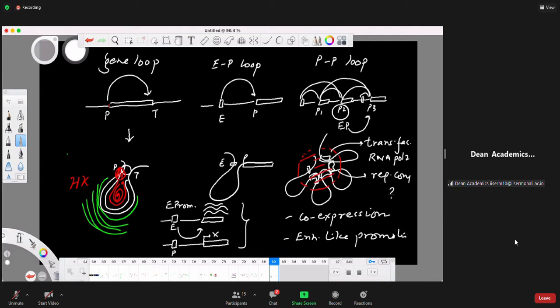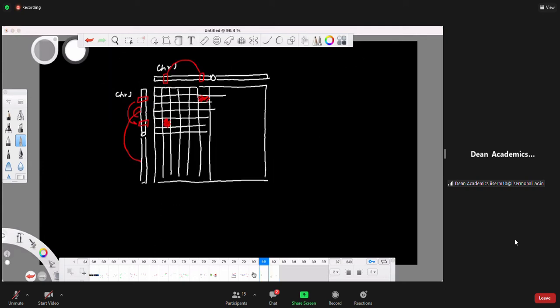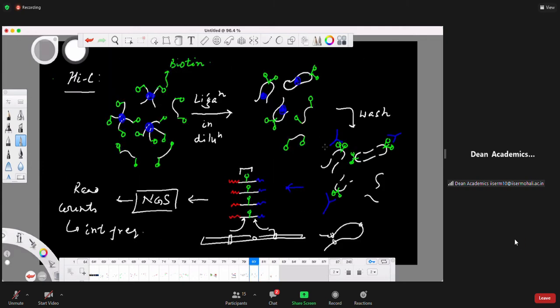How do I know? What you could do is fish out from these complexes, before adding biotinylation in this assay, the complexes which are mediated by RNA polymerase 2 or your protein of interest.